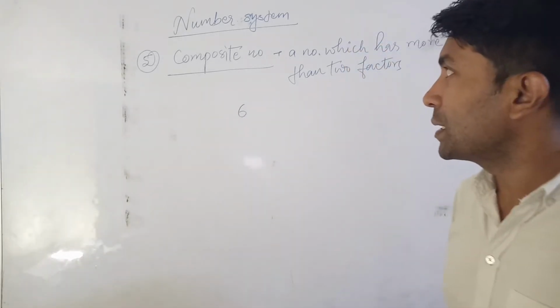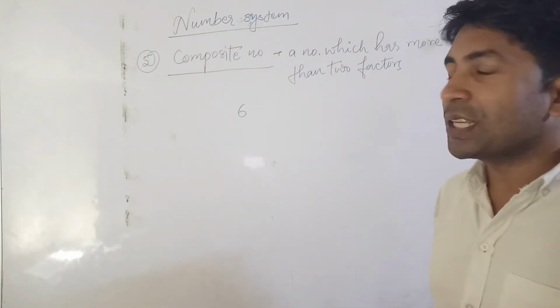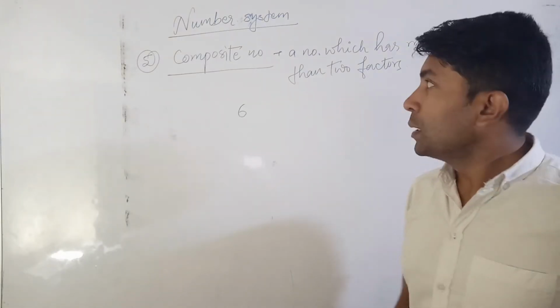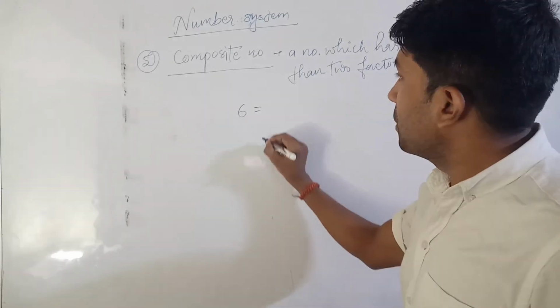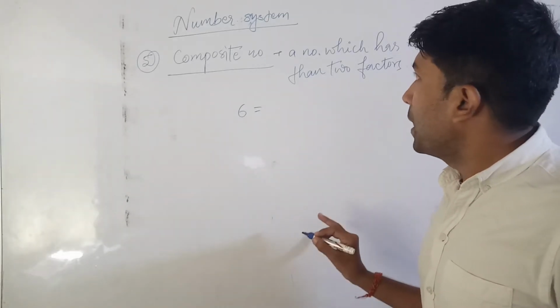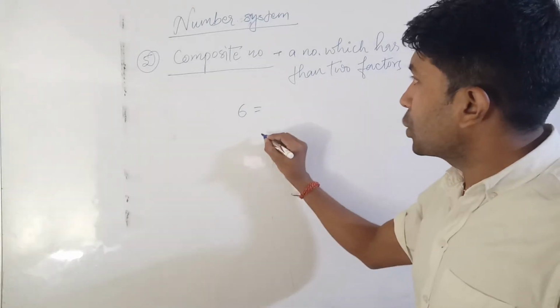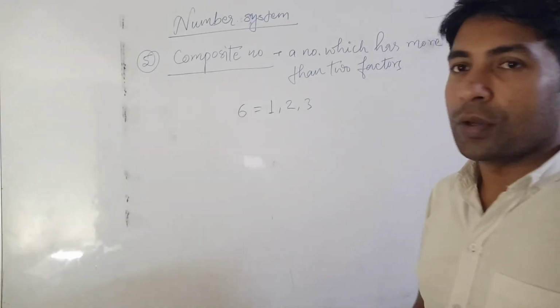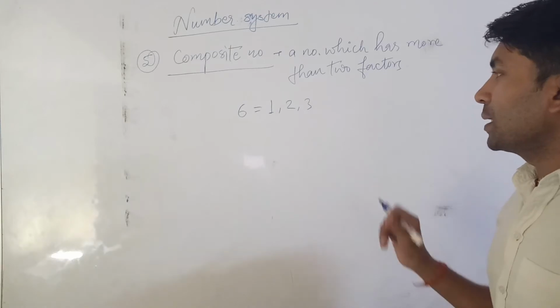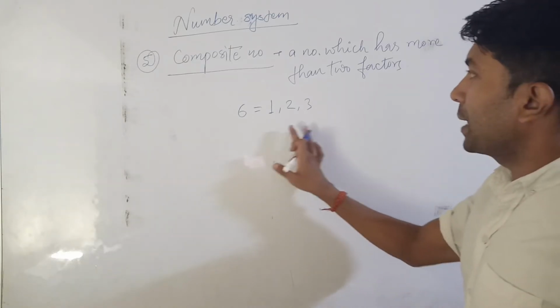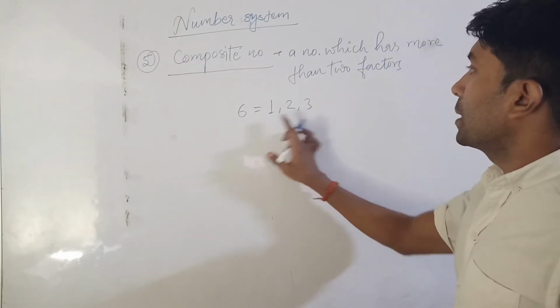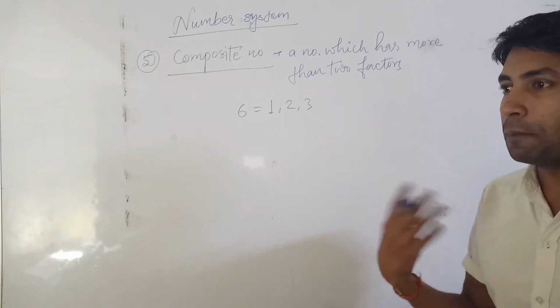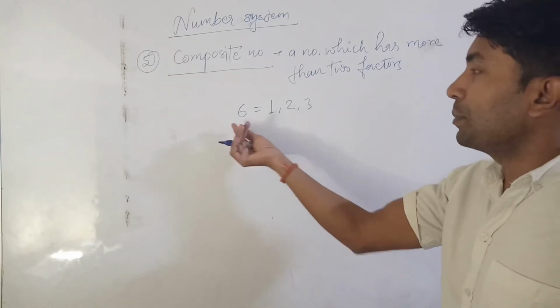If I ask what is 6, is it a coprime, prime, natural, whole number, right? Or a prime number. So first let me find out the factors of this. Factors of 6: 1, 2, 3. Okay, you can also include 6 itself, but basically these are the factors: 1, 2, 3. Factors means multiplying all the factors, you get the same result.